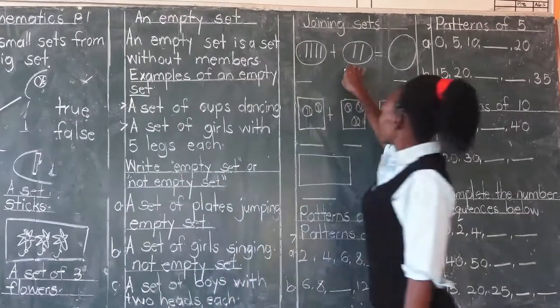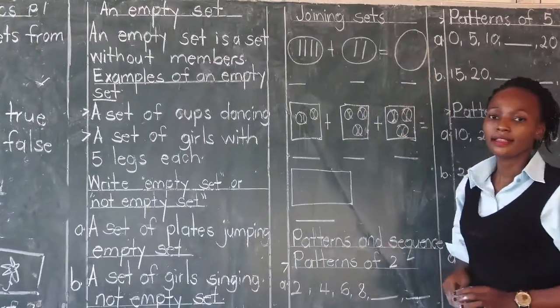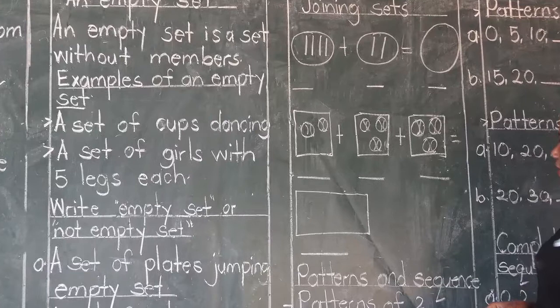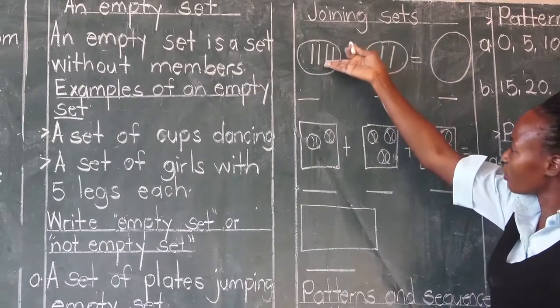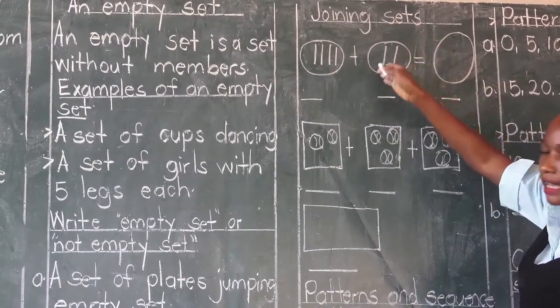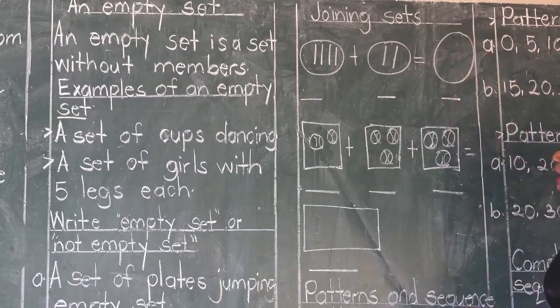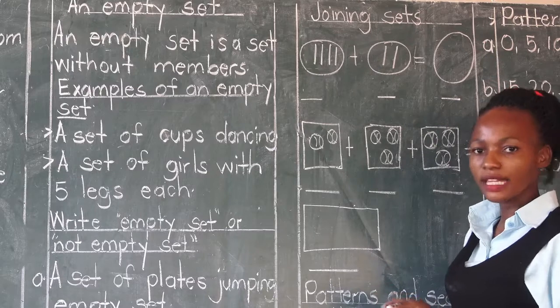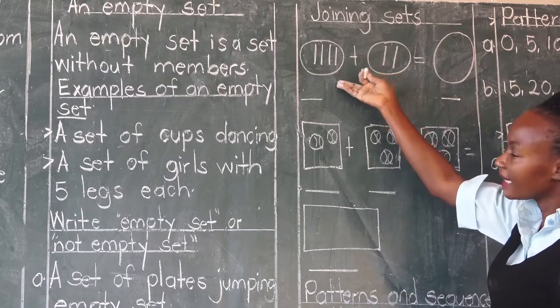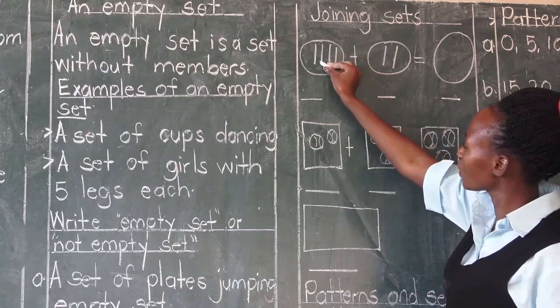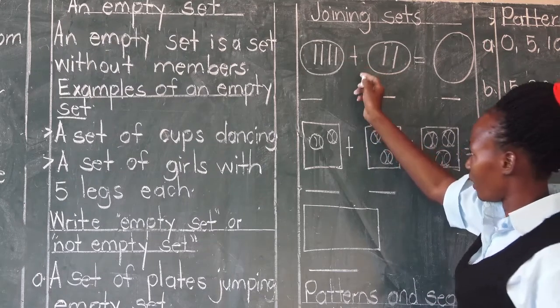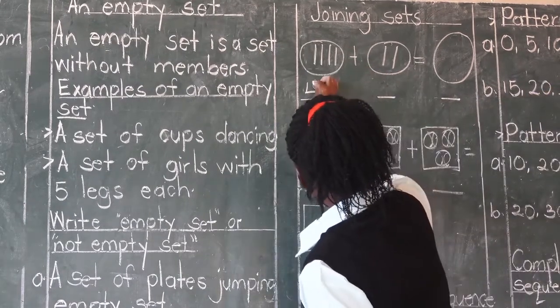Now let's look at joining sets. We have here our small set, another small set, and they want us to join these sets and form the big one. Before we join them, we have to first count the members. How many are they here? 1, 2, 3, 4. Then we write our number 4.